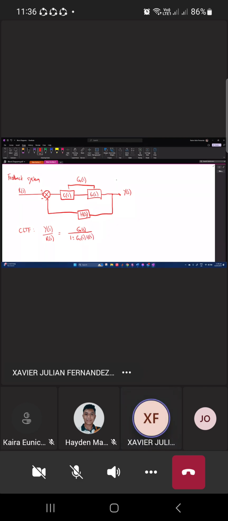So let's say our controller is just 1, meaning it's a gain block. Proportional. How about for our plant? Let's say the plant transfer function is 2 over S plus 2. And our feedback block is 1 over S plus 1. Okay. Solve for the closed loop transfer function. I'll give you 5 minutes to do that. Go.